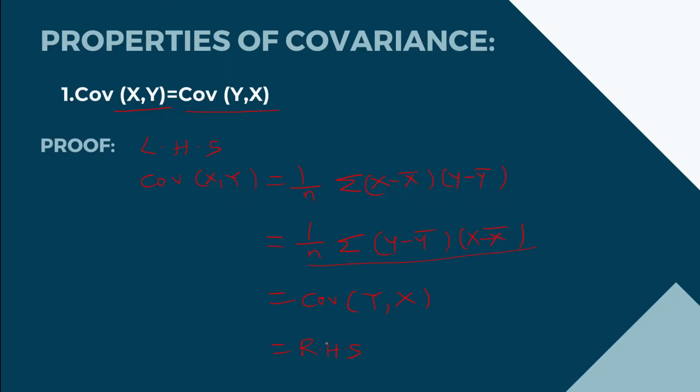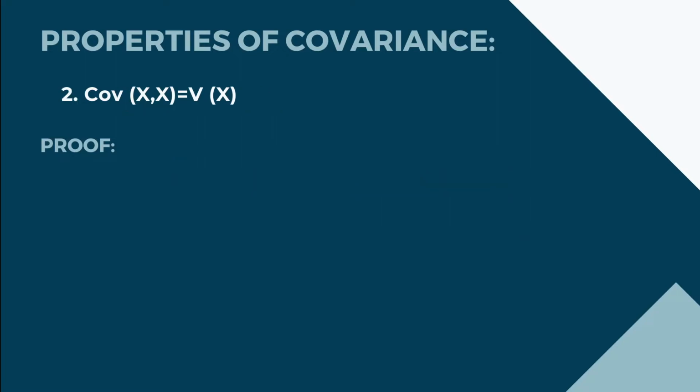Hence the property number 1 means covariance between x and y is same as covariance between y and x. There is no change in the covariance if we interchange the variables x and y.